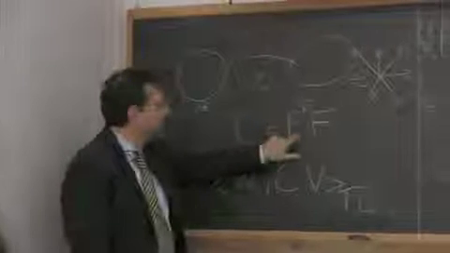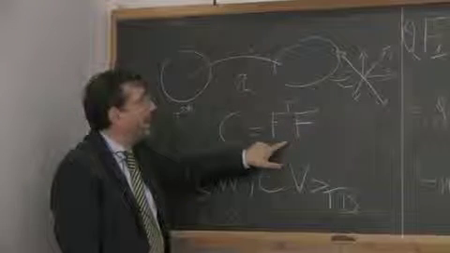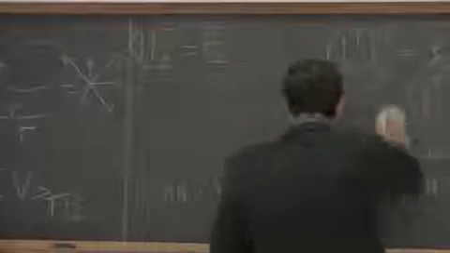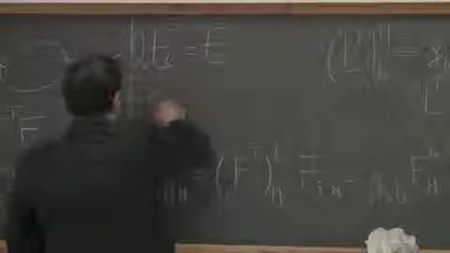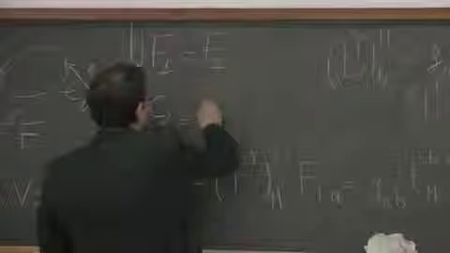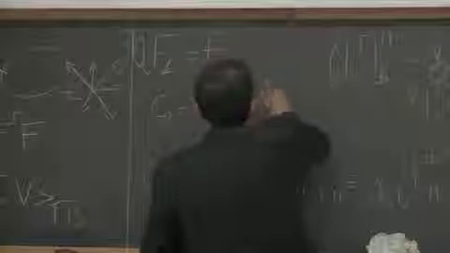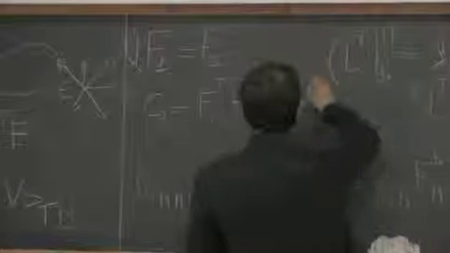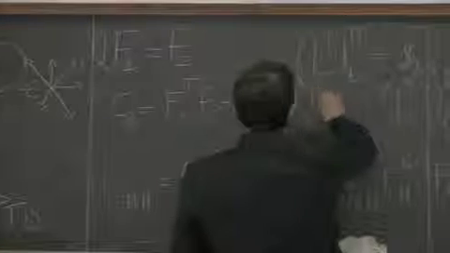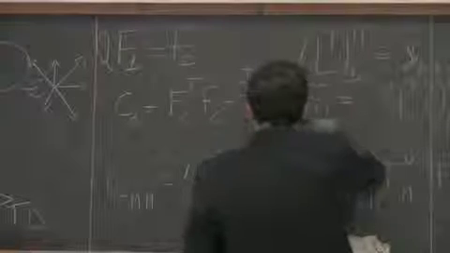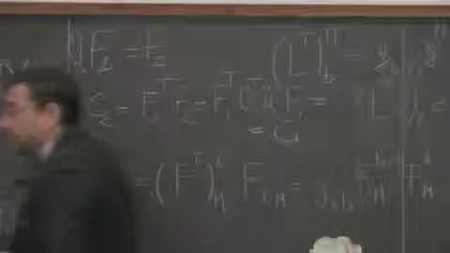Now, consider here, if I replace F2, so if I write C2 is equal to F2 transposed F2. This is equal to F1 transposed Q transposed Q F1, which equals C1. Okay?